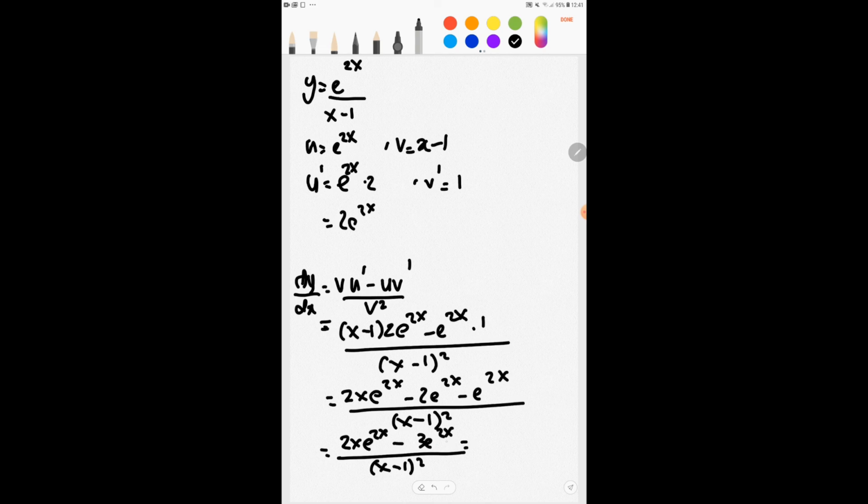Both terms have the factor e powers of 2x, so we can take it out, and we get e powers of 2x times (2x minus 3), divided by x minus 1 squared. So this is the dy/dx for this question.